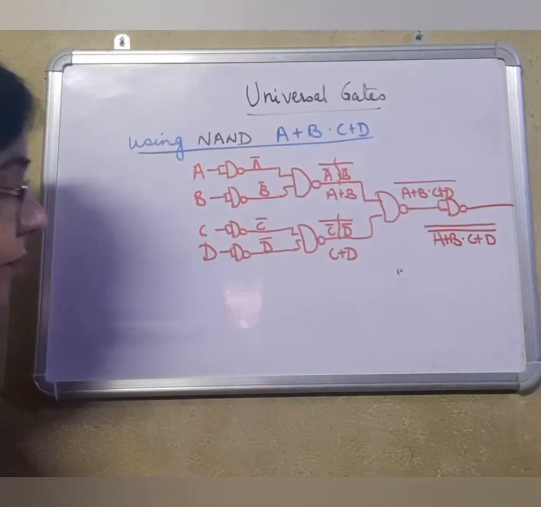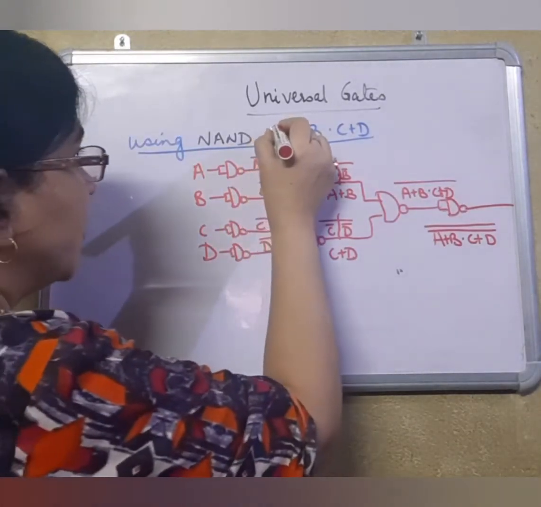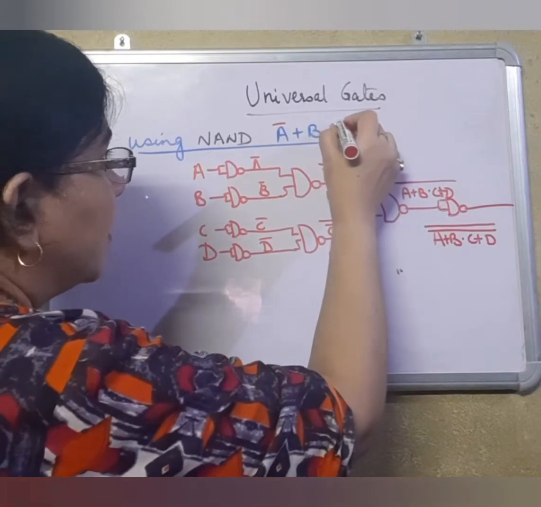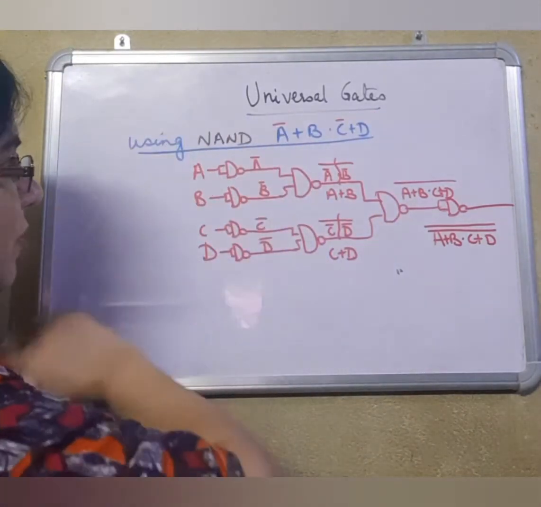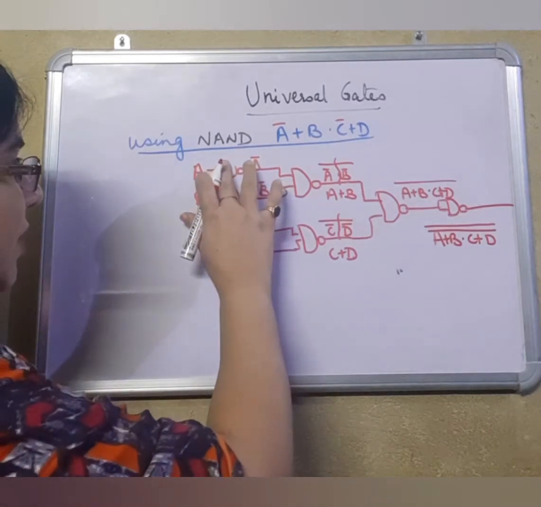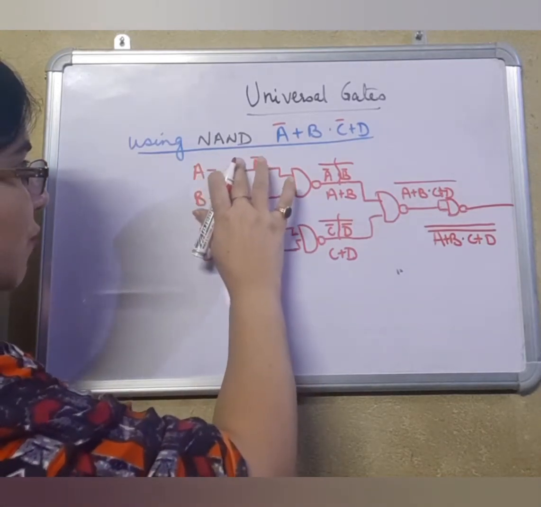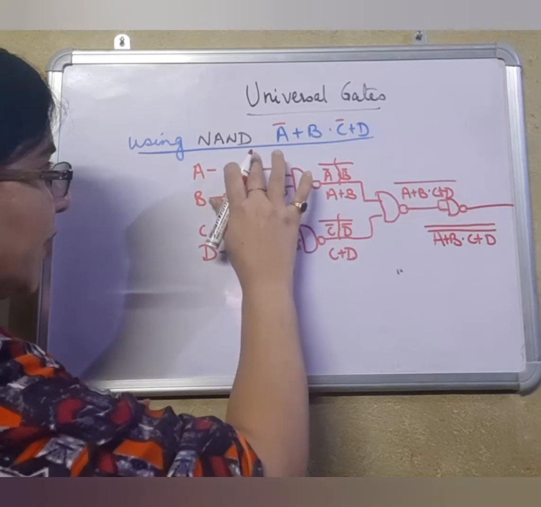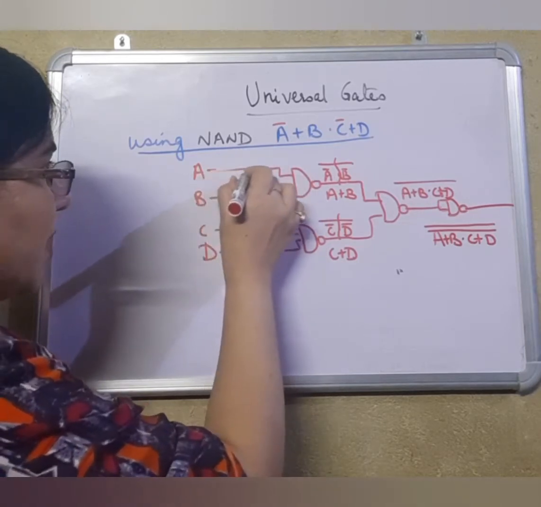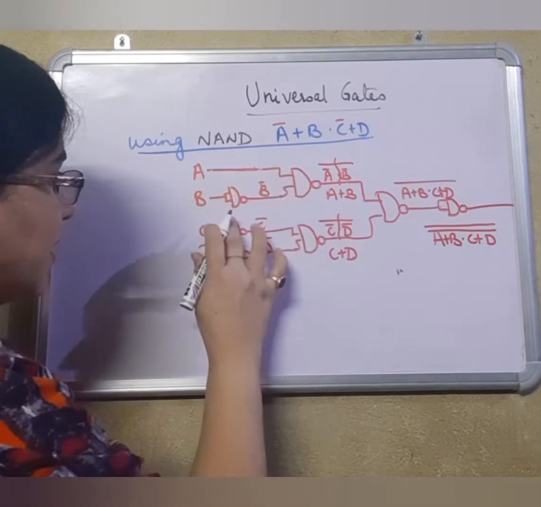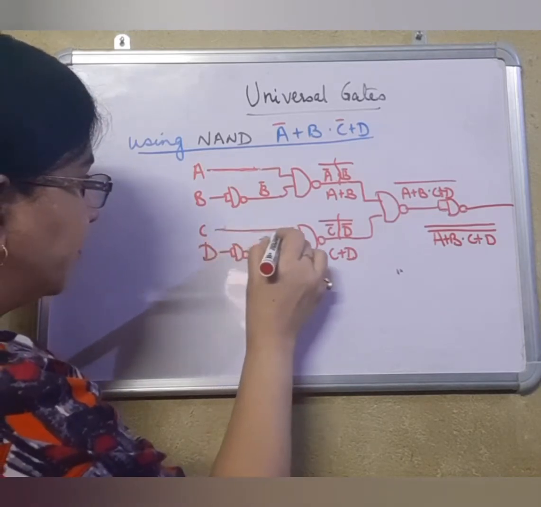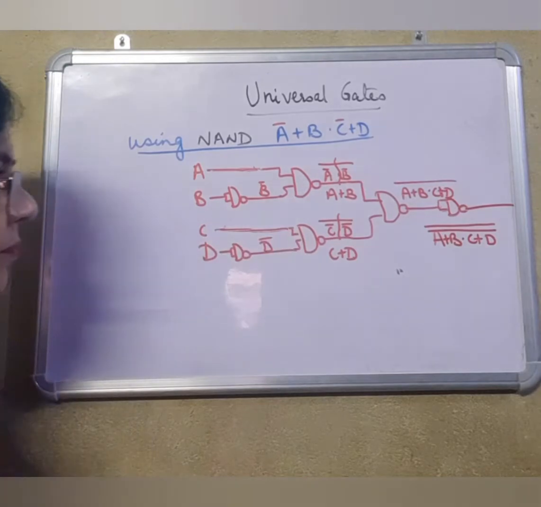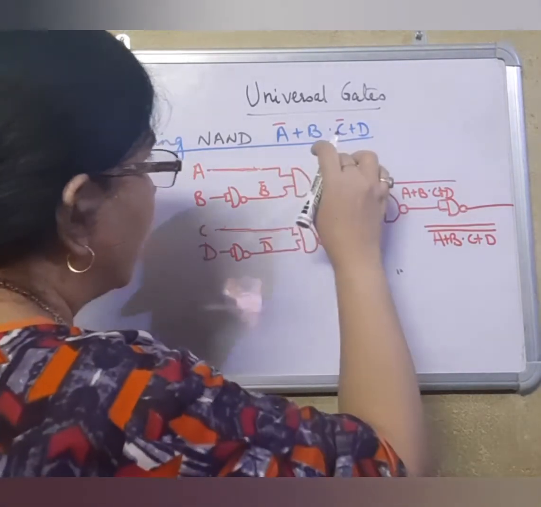Now, suppose the same question is asked with A bar plus B and C bar plus D. The bars are also asked. In that case, whenever you get a bar, do not use any inverter in between. Just pass A directly. Similarly for C. And here something will be changed.